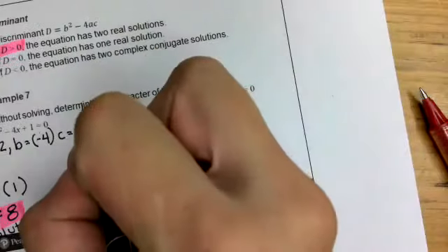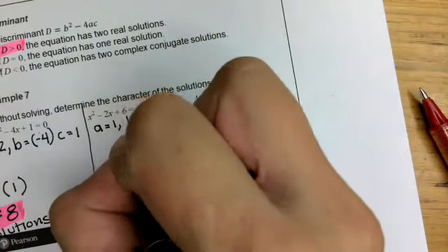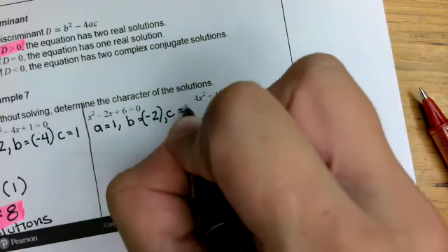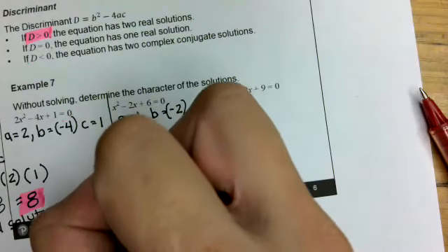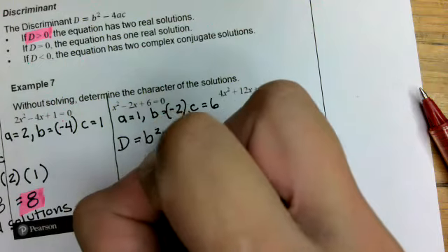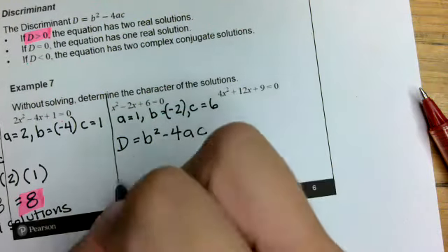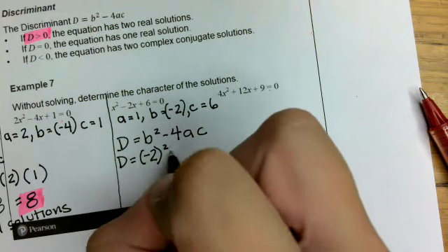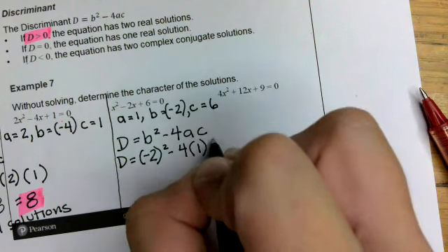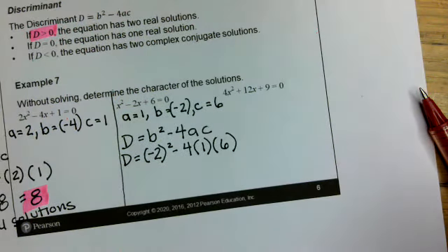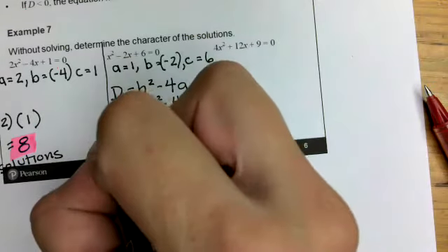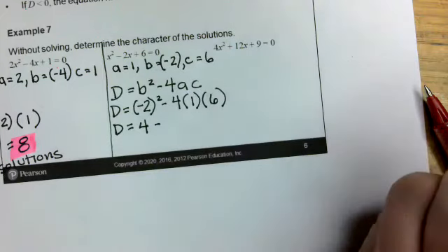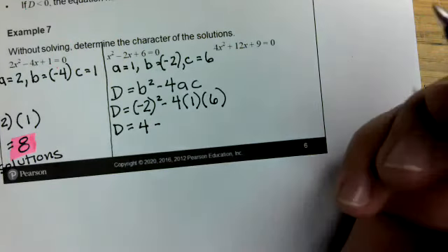All right, this one, a is 1, b is -2, c is 6. b squared minus 4ac. -2 squared minus 4 times 1 times 6, right? 4 minus 4 times 6 is 24, right?